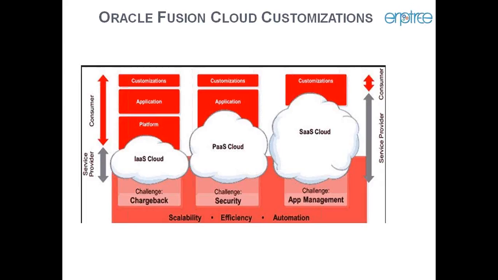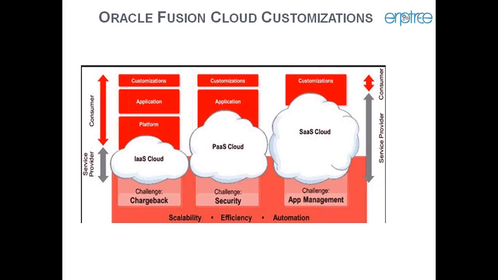We get a lot of questions like whether Fusion HCM is good for the market or not. In the cloud market, if we go and see, the market for Fusion HCM is quite good as compared to its rivals like SAP.